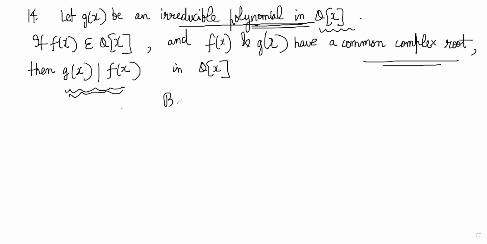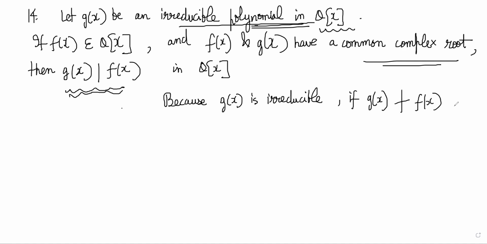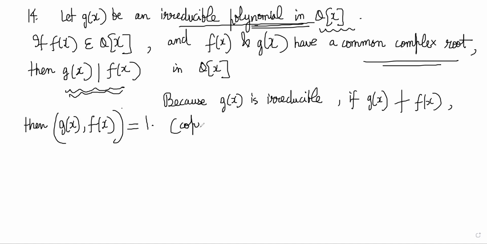Because g(x) is irreducible, if g(x) does not divide f(x), then g(x) and f(x) basically have GCD equal to 1. They must be co-prime because g(x) cannot have any other factor. So if it does not divide f(x), g(x) and f(x) are co-prime.